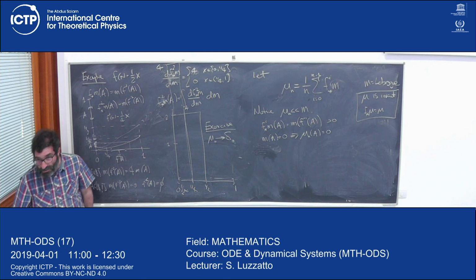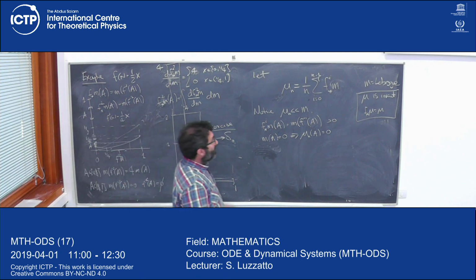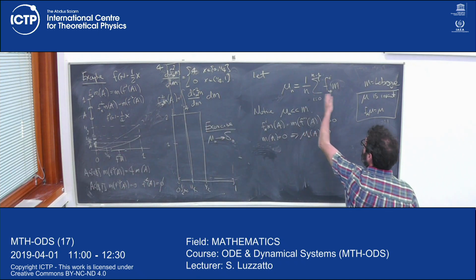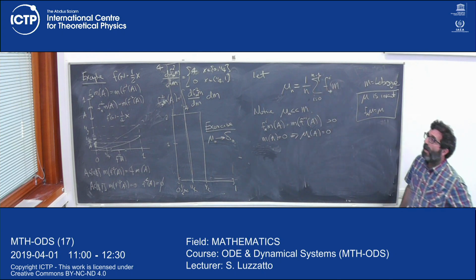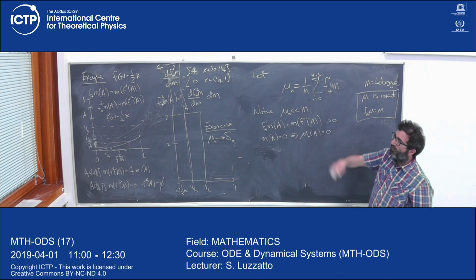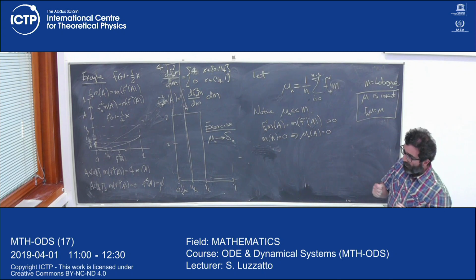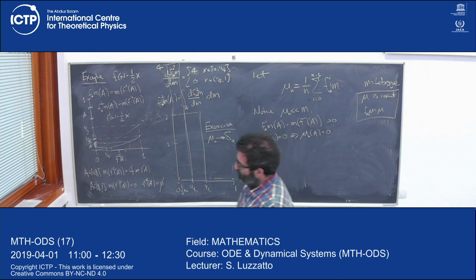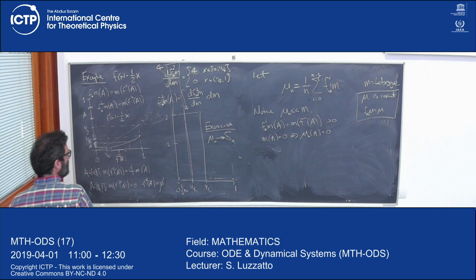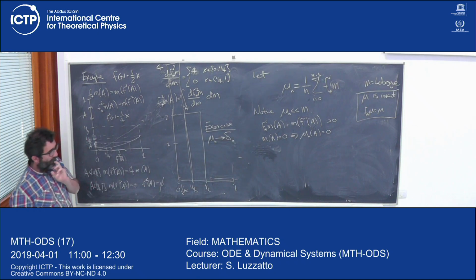So this is consistent with the fact that we prove that in general any accumulation point, any limit point of this is invariant. But what we would like to show is that for our class of maps, this limit is absolutely continuous.